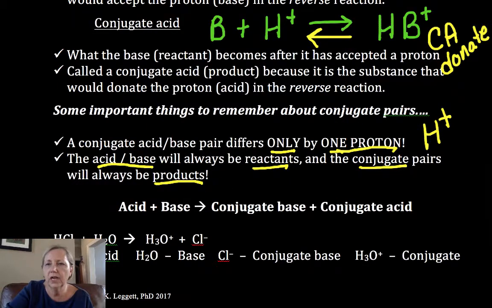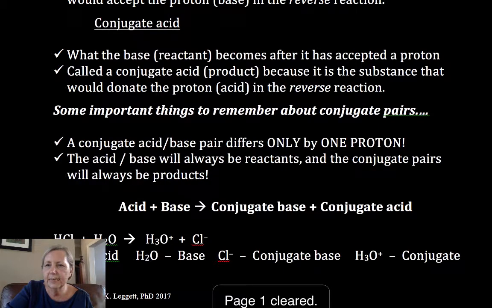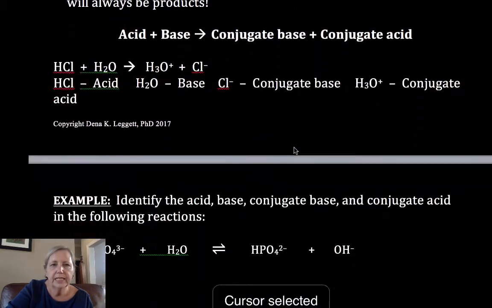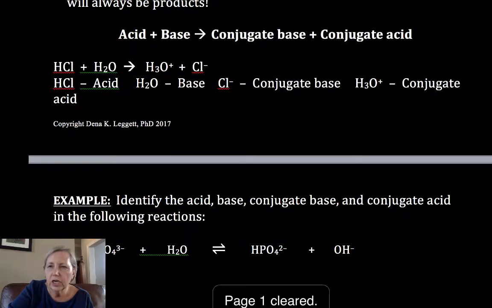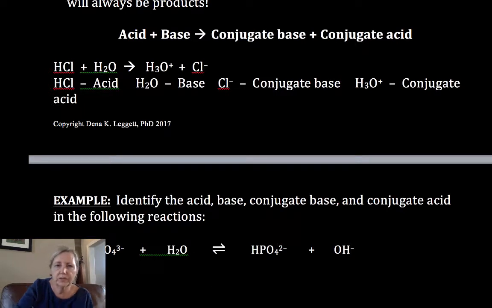So let's take a look at an example here. Okay, so we have here in this example, HCl gave an H plus to water. So the HCl is the acid, the water was the base. Okay, so that's kind of the notation we're familiar with. Now let's take a look at their conjugate partners.